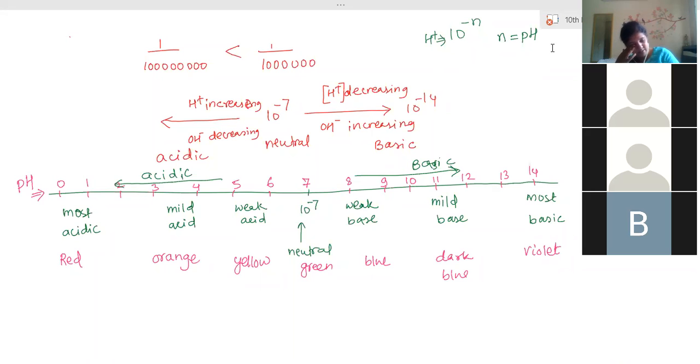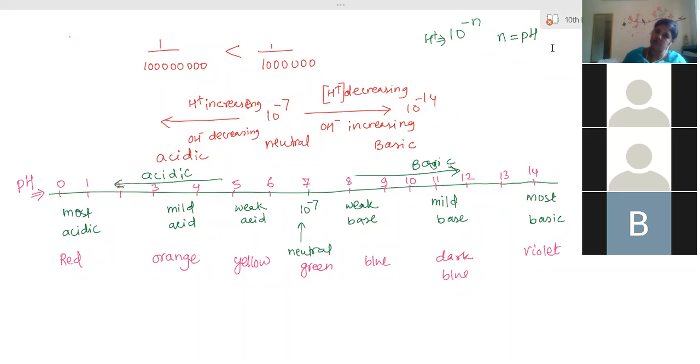In stomach we have HCl, right? It's 1 to 1.2. Lemon juice 2.2 to 2.4. Lemon juice or any citrus fruit juice, 2.2 to 2.4. That means they will give you orange color.